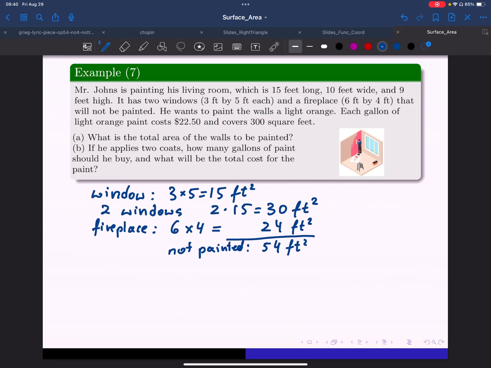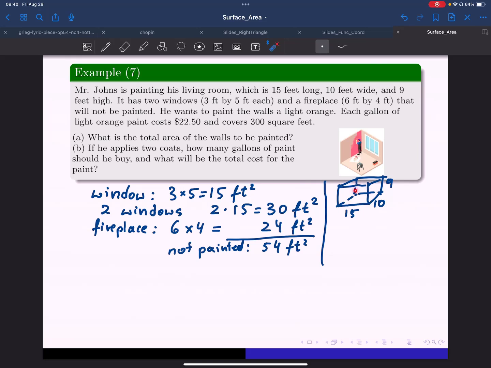All right, now we're going to paint the room, and the room is rectangular. It says 15 feet long, 10 feet wide, and 9 feet high. As before, we calculate the front, which is 15 times 9.